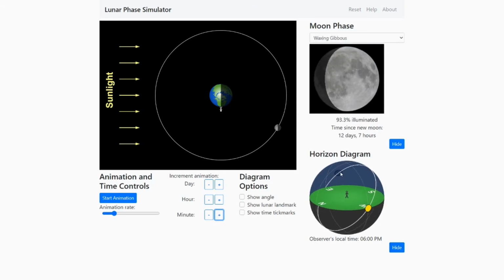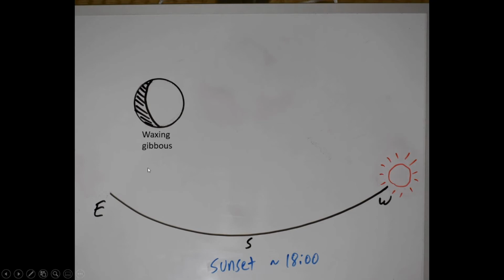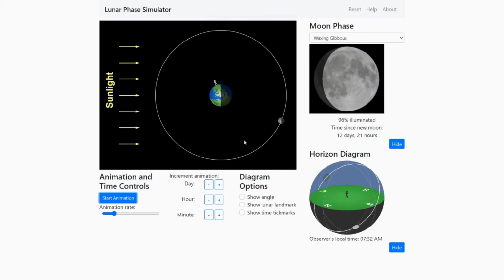We can see it in the eastern sky. So we can represent that with this drawing. So we can see the sun is in the west, it's still sunset. Here's the waxing gibbous.